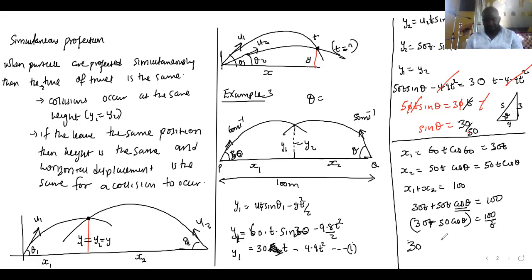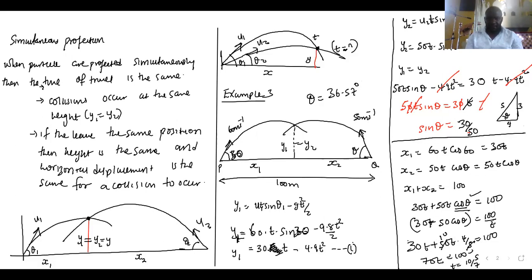Someone get us that answer. That is 36.87. So you substitute it here, the cosine, which is 4 over 5, you do the algebra, it gives you time as 10 over 7. And that is our answer.